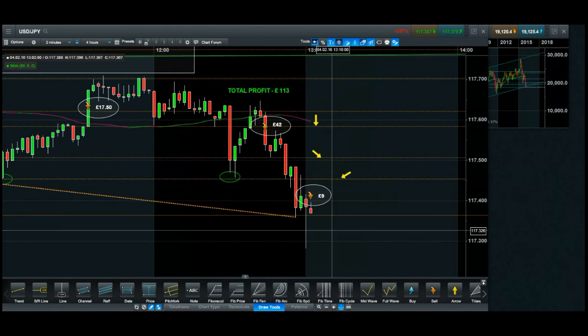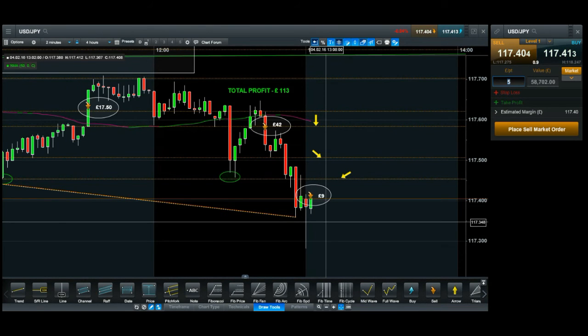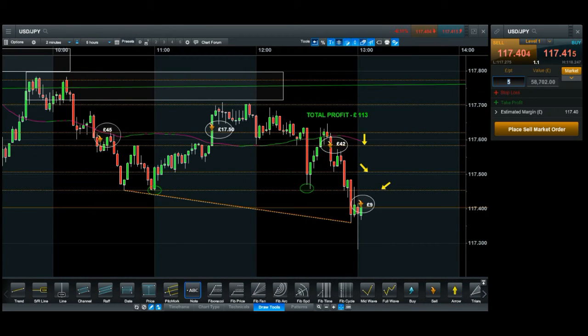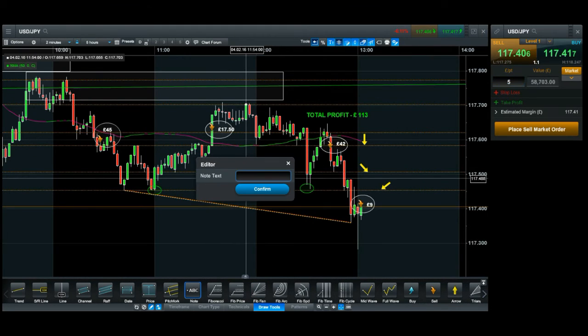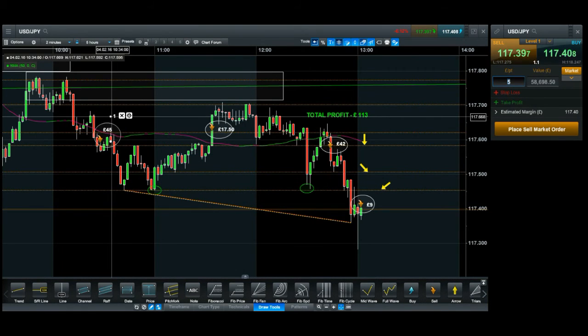I could still go for that one. Oh, let's see. I've got to wait a little bit longer. Oh, it's turning back green again. So once this candle drops below the previous red, that would be the indication. Or maybe when it climbs to the resistance area, that will be the place that I have to enter, because I'm still expecting the price to drop to the support level down below the green line.